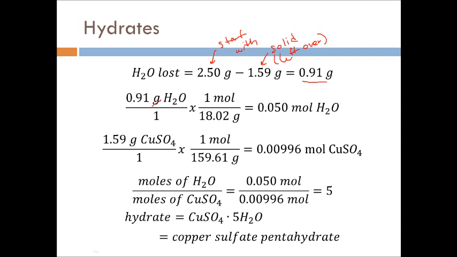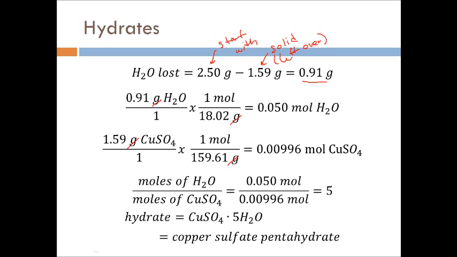So we take our grams, we divide by the molar mass here because we want that grams to cancel, and we end up with 0.05 moles of water. We do the same thing with the solid, so that 1.59 grams is our solid of copper sulfate. We divide by its molar mass, which we found to be 159.61, and we get 0.00996 moles of copper sulfate.